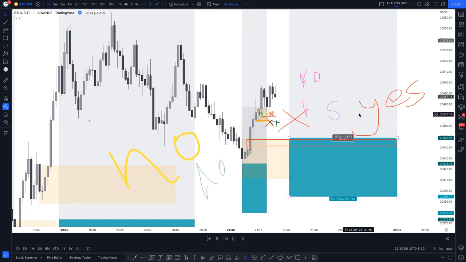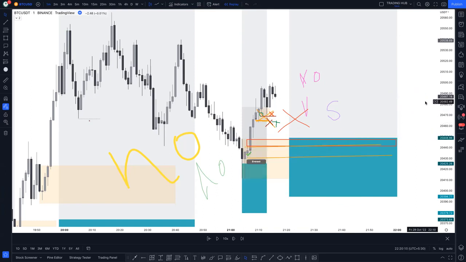Actually, single candle mitigation is mostly used when everything is mitigated from top to bottom. Correct? So in this case, if you can see exactly on the bottom side, something unmitigated is here, right?